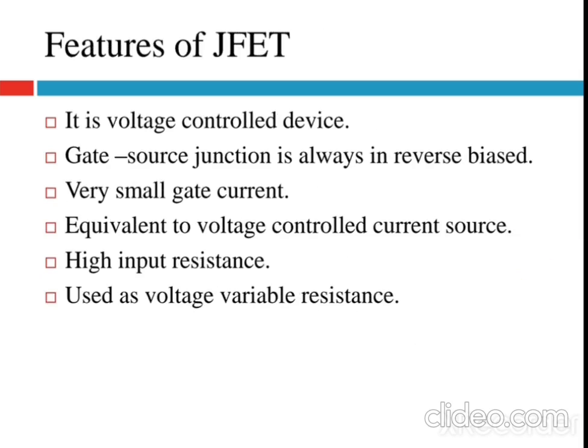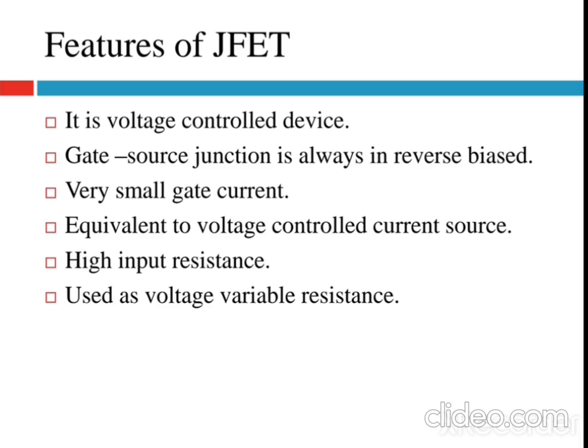Now these are some features of JFET. It is a voltage controlled device, as we had discussed earlier. It is equivalent to a voltage controlled current source. In JFET, the gate source junction is always in reverse bias condition.